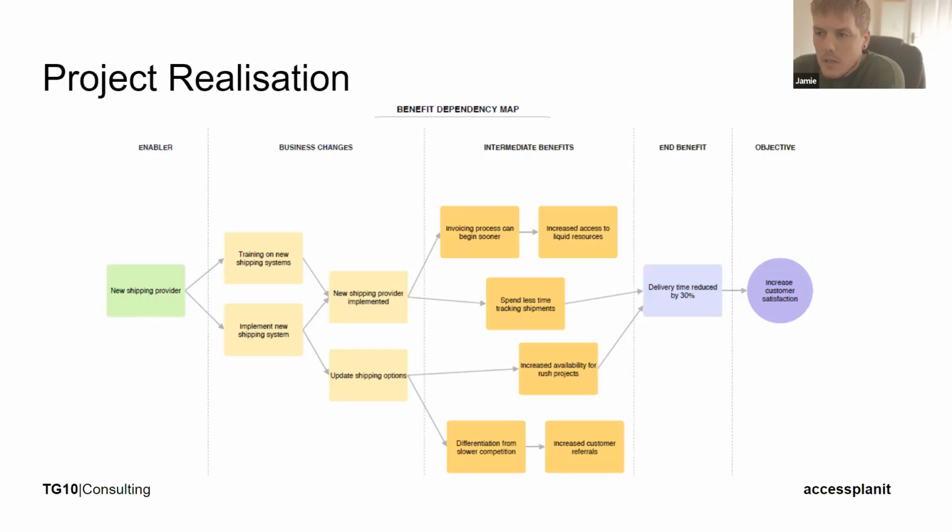There are a lot of tools very similar to this out there online as well. Give it a Google and you'll find plenty of templates, but whatever you're thinking of doing, I would highly recommend using a benefits dependency map. It's a good reference tool as well when you've completed whatever change it may be. Looking back 12 months after, you can see what benefit we expected to receive.